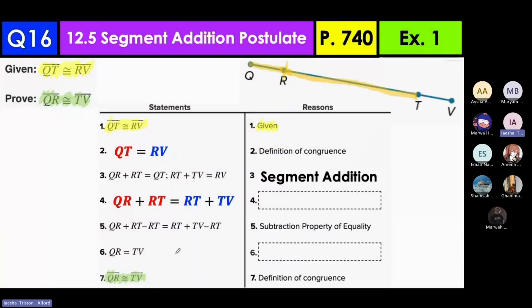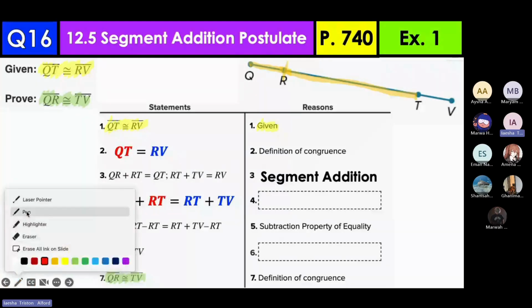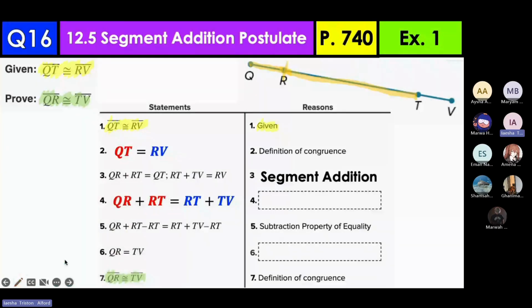How did we know to write QR plus RT is equal to RT plus TV? Sometimes in the proof, you have to use something from a different line. So to get line number 4, we had to use something from line number 2. In line number 2, they tell us about QT.